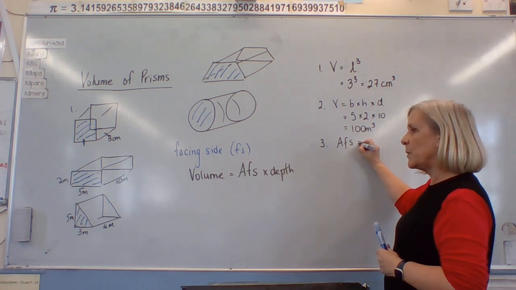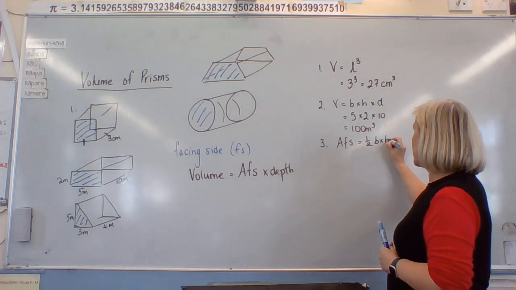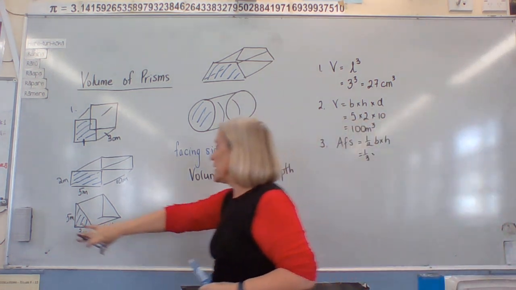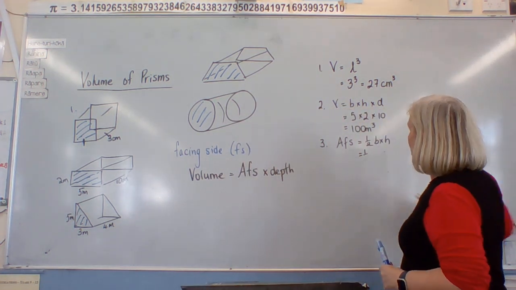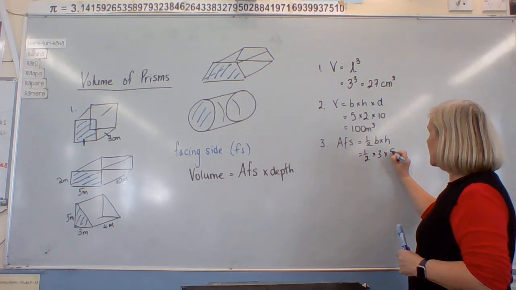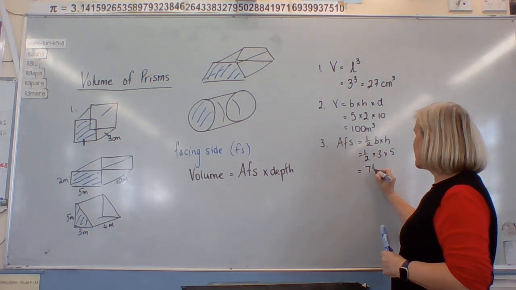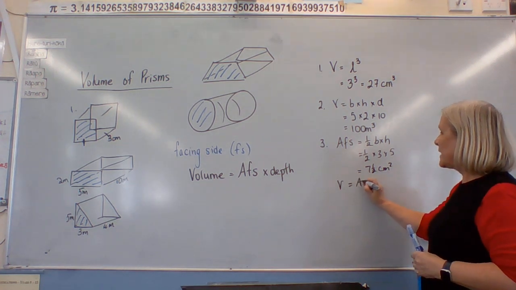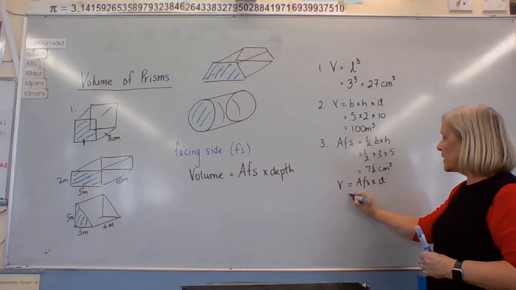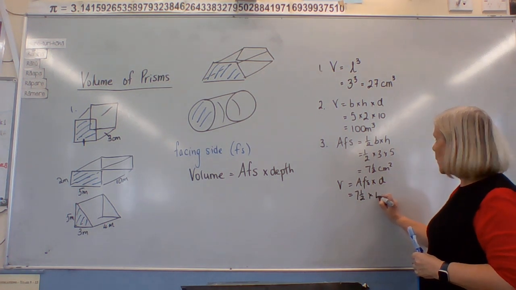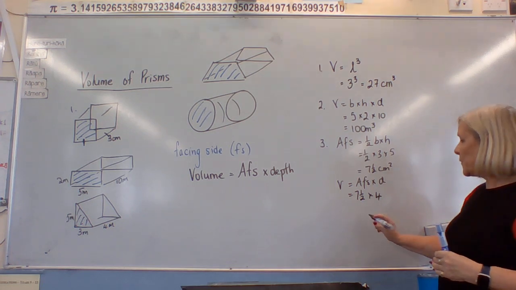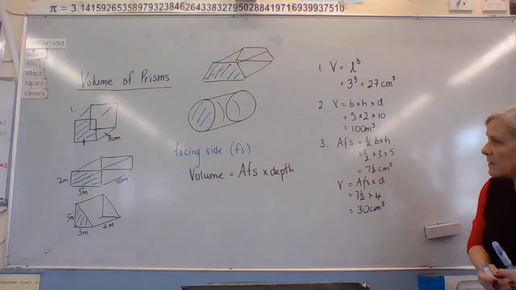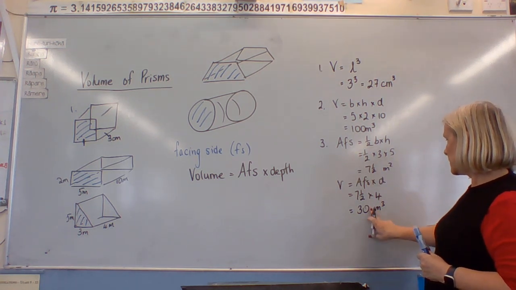So the AFS equals a half base times height, equals a half of 3 times 5, which equals 7.5 metres squared. Now we're going to find the volume, which is the AFS times the depth, which is 7.5 times 4. Half of 4 is 2, 15 times 2 is 30 metres cubed. Good, good.